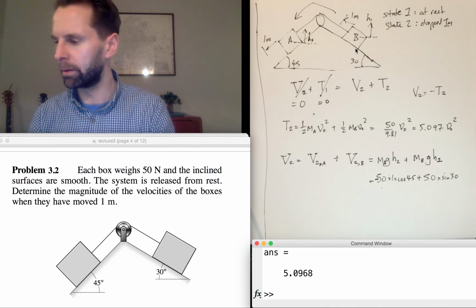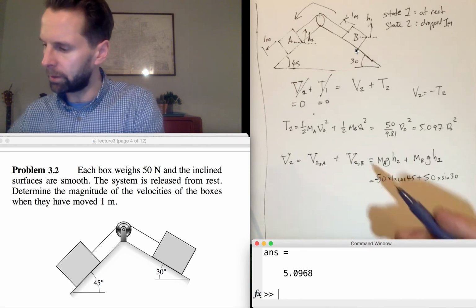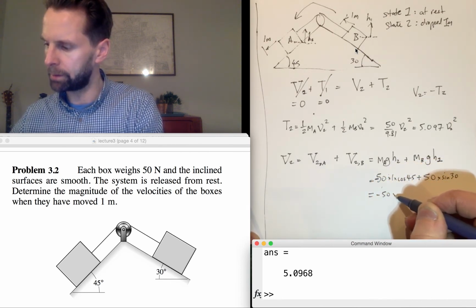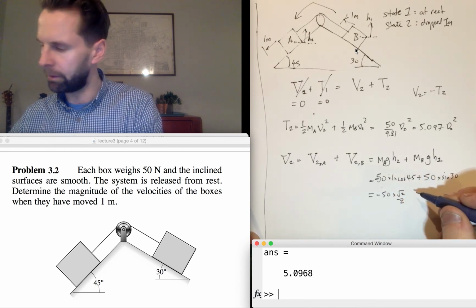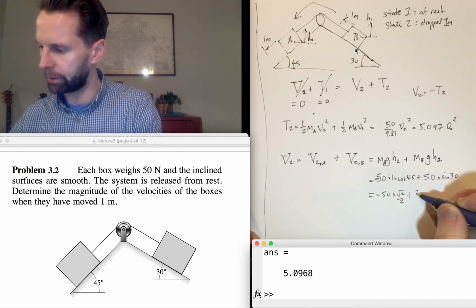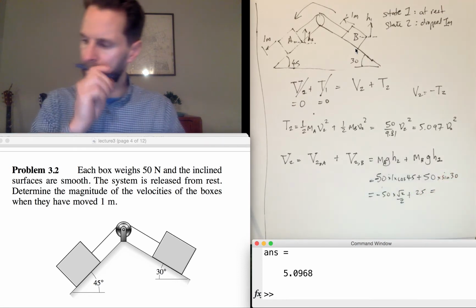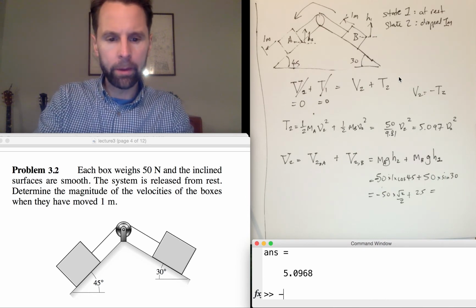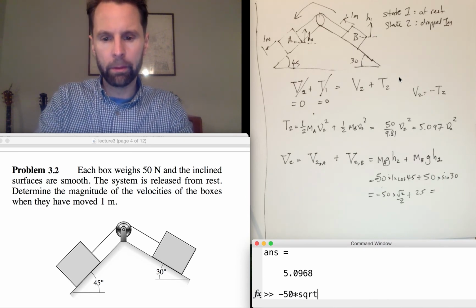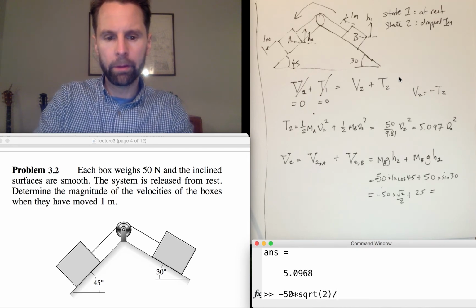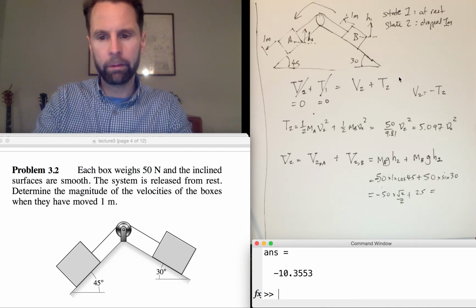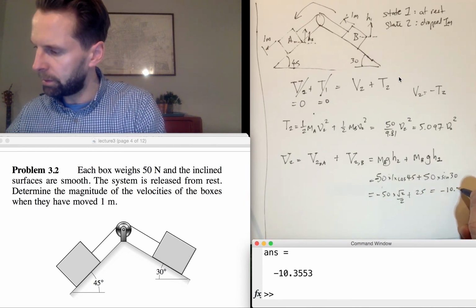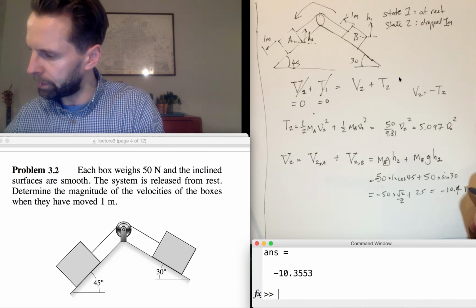So if you do that sum, cos 45, you might remember, is root 2 over 2, and sine 30 is a half, so that's plus 25. The total potential energy at state 2 is minus 50 times square root 2 over 2, plus 25, which is minus 10.4 newton meters.